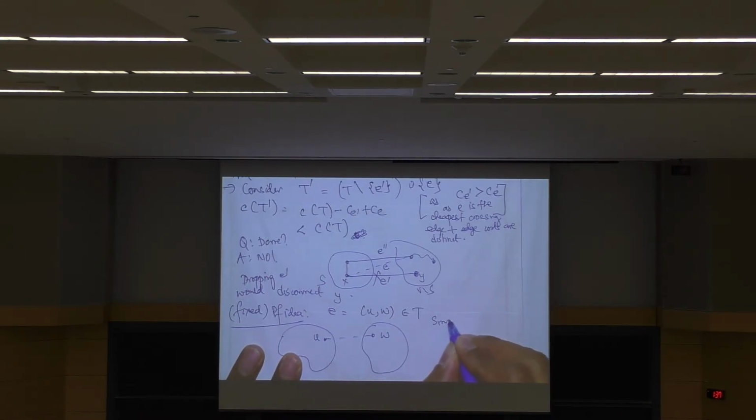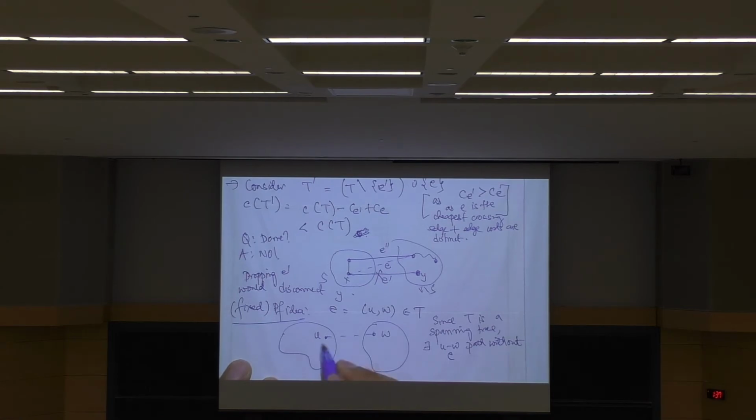Since T is a spanning tree, there exists a uw path without the edge E. Since you start from u, which is in S, and end in w, which is not in S, it necessarily means that you have to have a crossing edge.